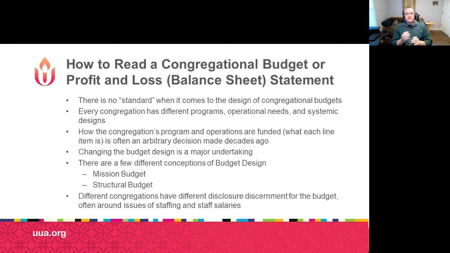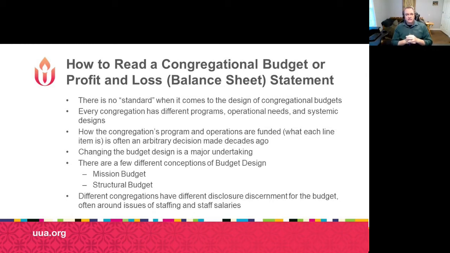Different congregations have different disclosure and discernment for the budget, often around issues of staffing and salaries. And the thing I want to say here is that it is good practice for a lot of congregations to not share the breakdown of the salaries in the broader congregation.